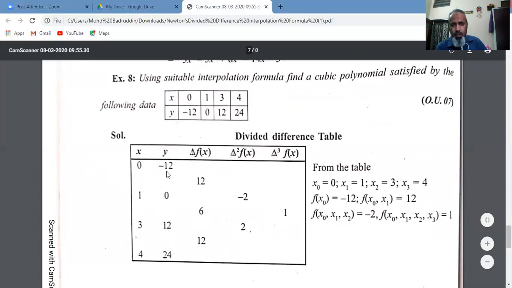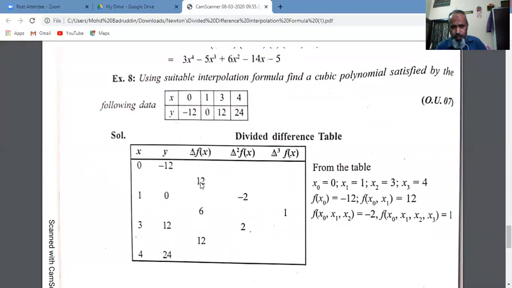So, this 0 is the x naught value, this is the y0 value or f of x0. This is the first divided difference, f of x naught x1, it is 12. f of x naught x1 x2 is minus 2. f of x naught x1 x2 x3 is plus 1. So, we know these values from the table.